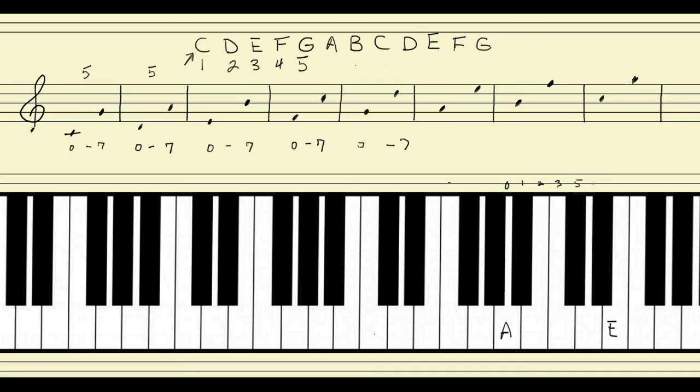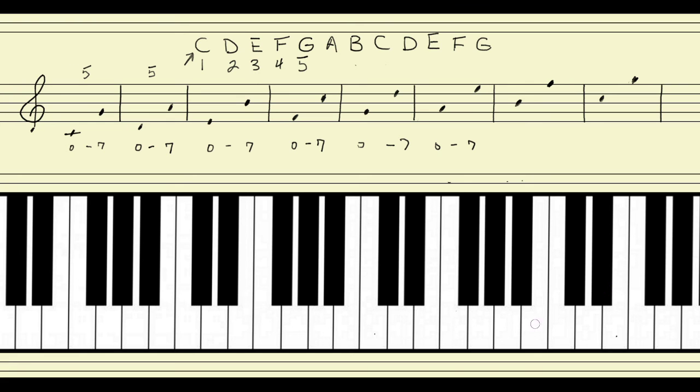C sharp is 4. D is 5. D sharp is 6. And E is 7. 0 to 7. And I bet we can make a prediction about what B to F is going to be. We can almost write 0 to 7 down already.